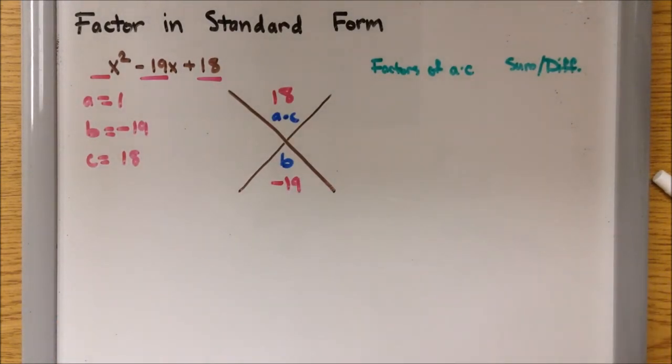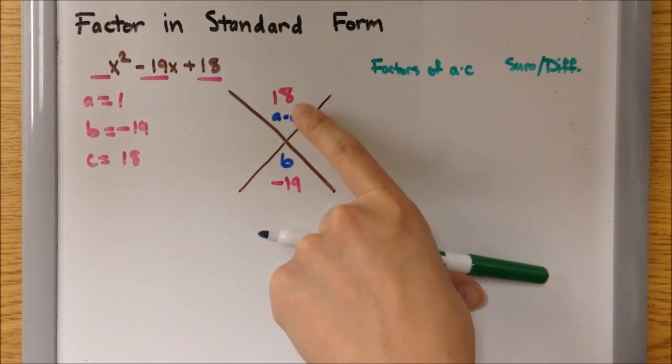Alright, next we're going to write out factors for AC, meaning factors for positive 18.